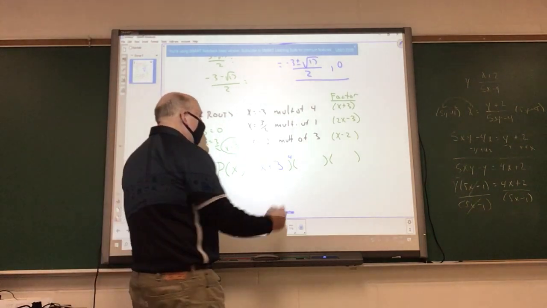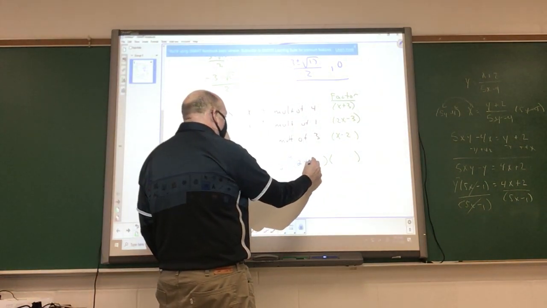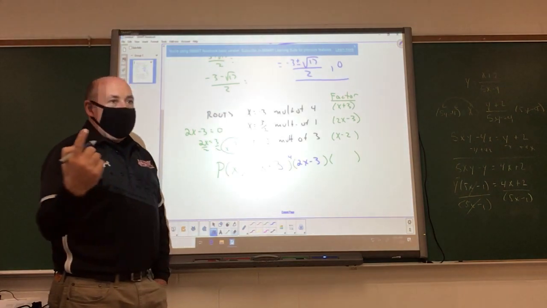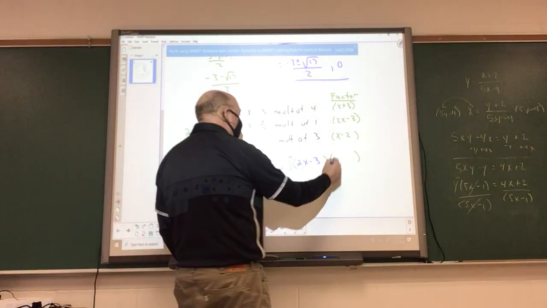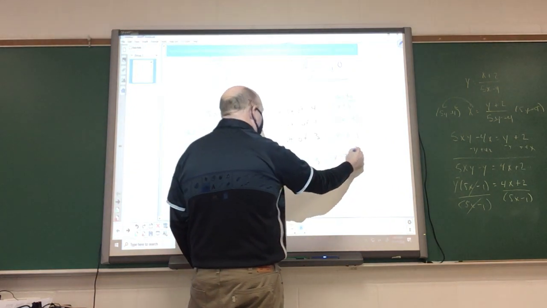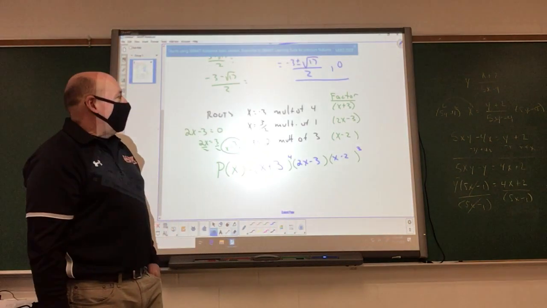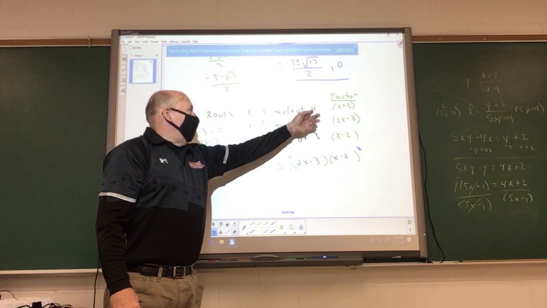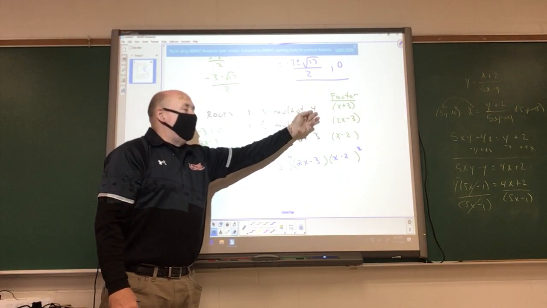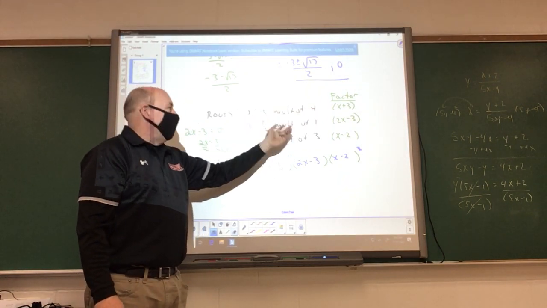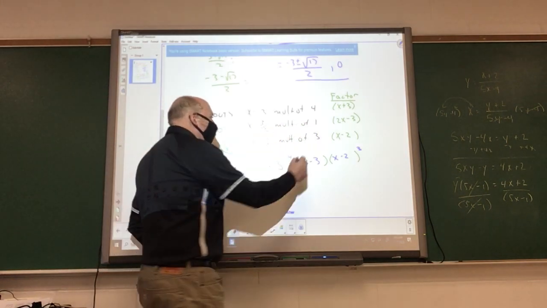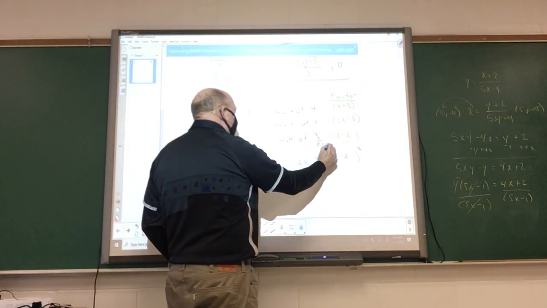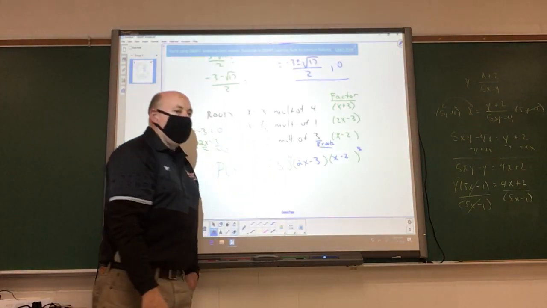Then we have 2x minus 3 to the first power, and then the x minus 2 would be to the third power. Now if we take a look, I have 4 roots of -3, 1 of 3/2, and 3 here, so we have a total of 8 roots.